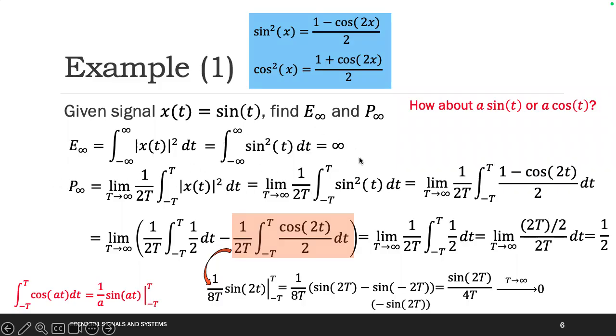This value should be greater than 0, smaller than a power. Am I right? So you will have an infinite number of positive numbers added together. What's that? Infinite. So the energy value will not change. It will be infinite. That makes sense to you?